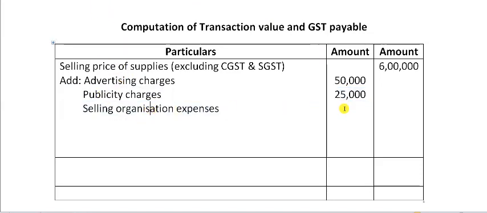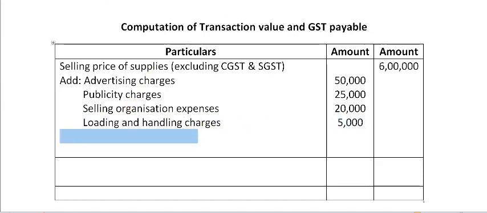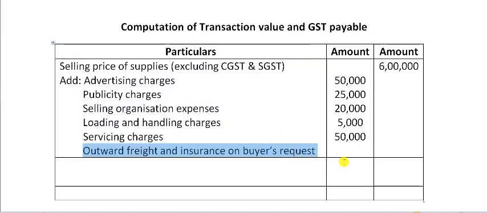Selling organization expenses 20,000. Loading and handling charges 5,000. Servicing charges 50,000. Outward freight and insurance on buyer's request 30,000.